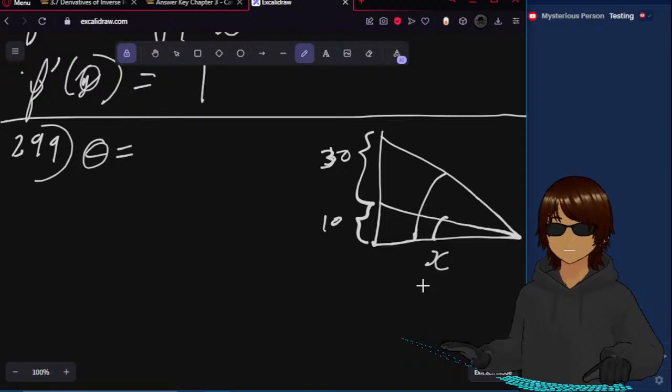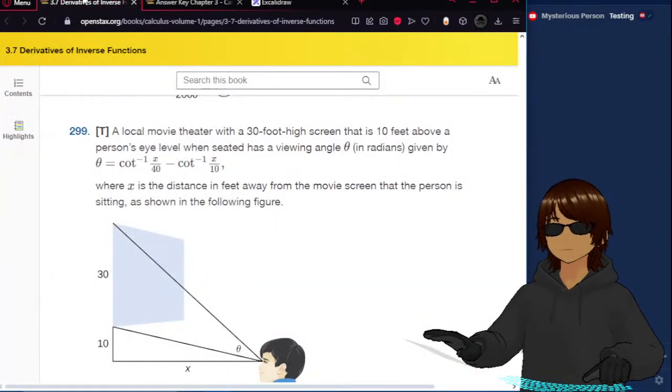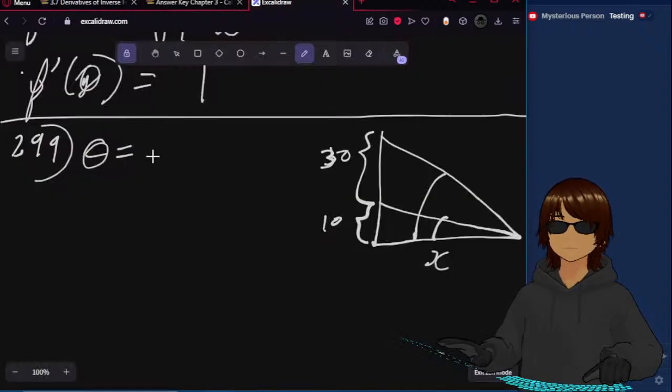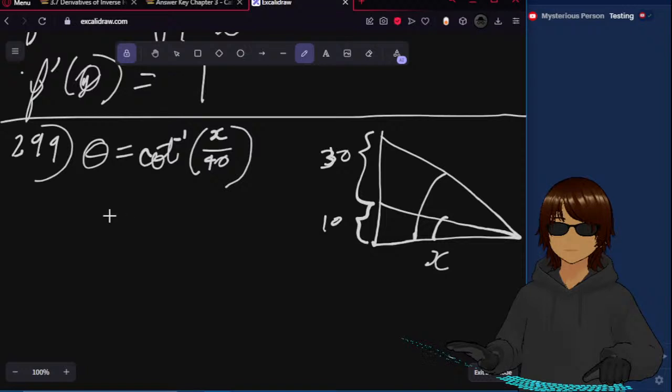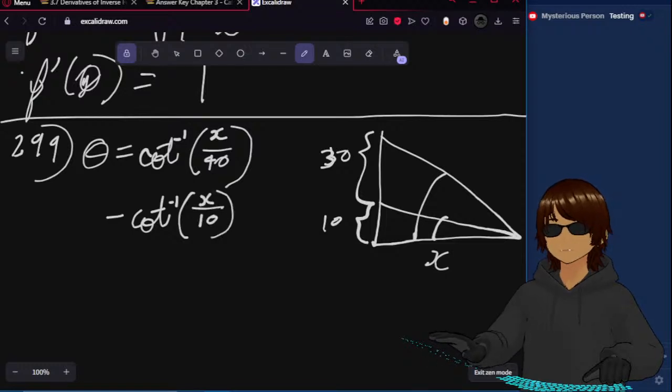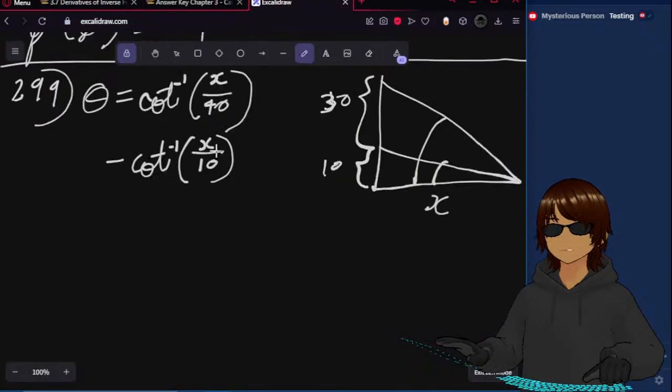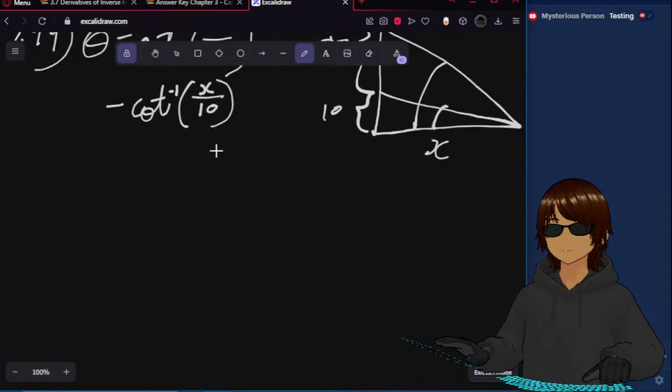So cotangent is adjacent over opposite, I think. And then I will write it.